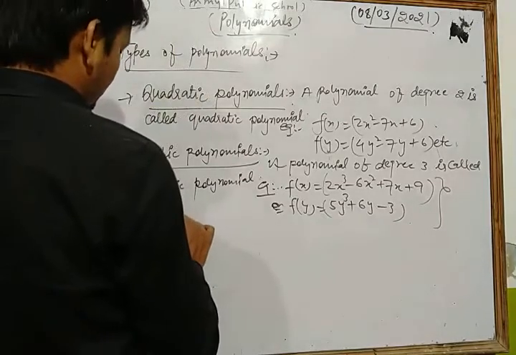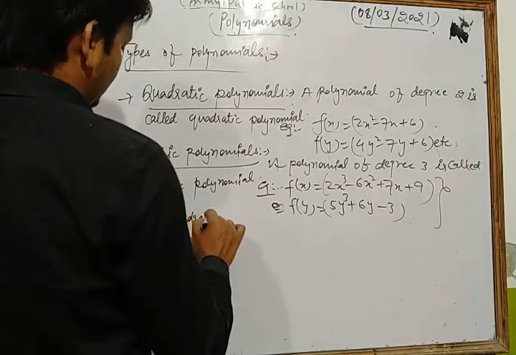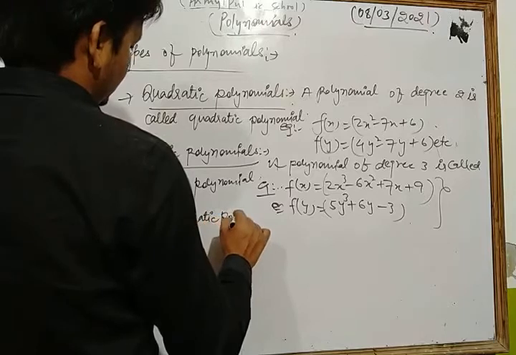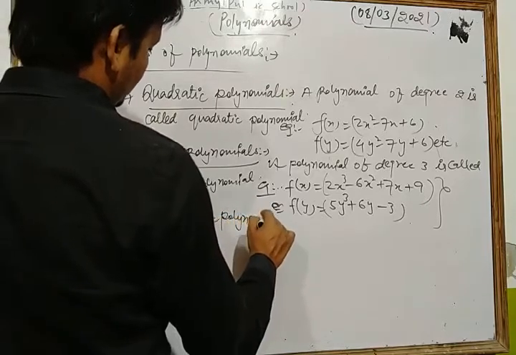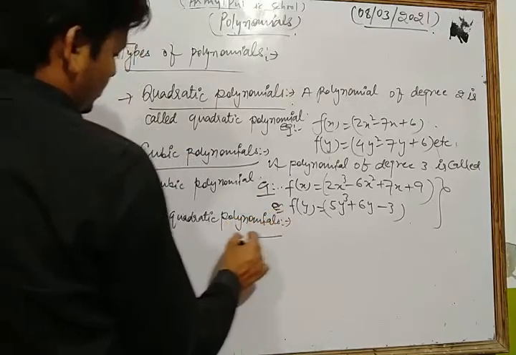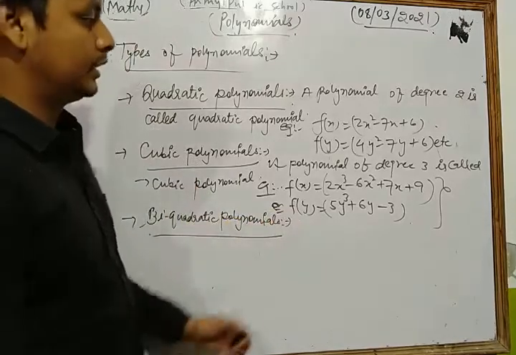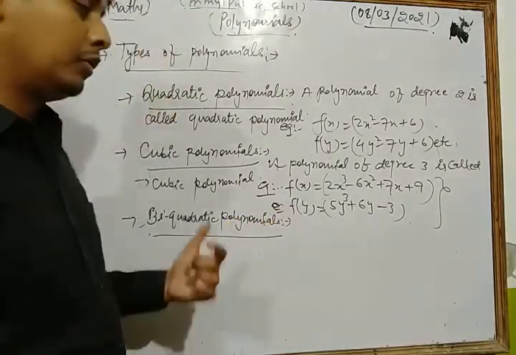Biquadratic polynomial. Let's see. Dear student, a polynomial of degree 4 is called a biquadratic polynomial.